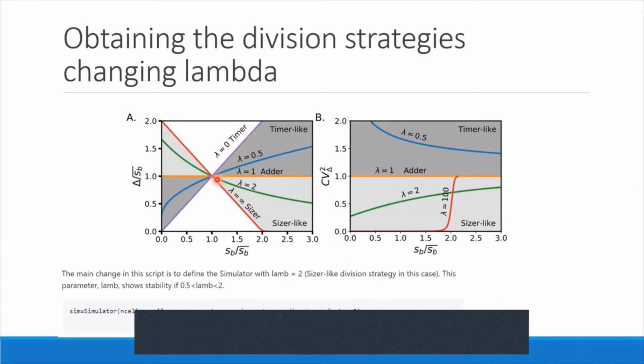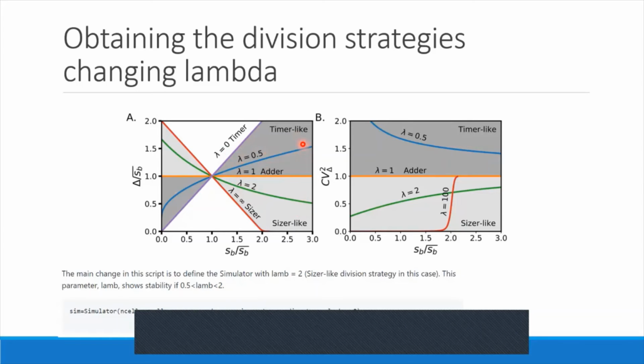PyEcoLib can reproduce these division strategies using lambda, but for numerical stability, we recommend you to use lambda in an interval from lambda 2 to lambda 0.5.